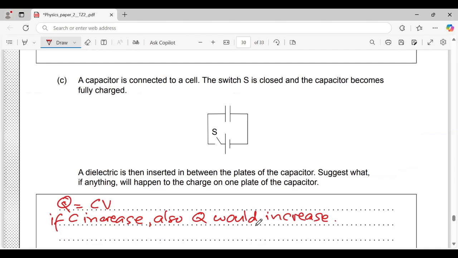Why? Because the electricity flows in this circuit, because the switch is closed. The diagram shows the switch open, and when it is closed, the electricity flows and the capacitor becomes fully charged, so the charge is increased.